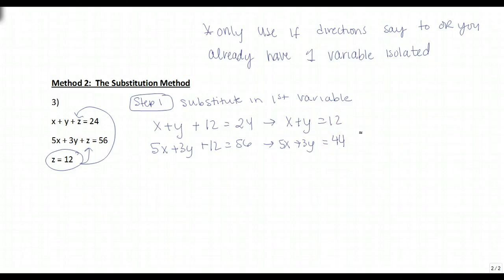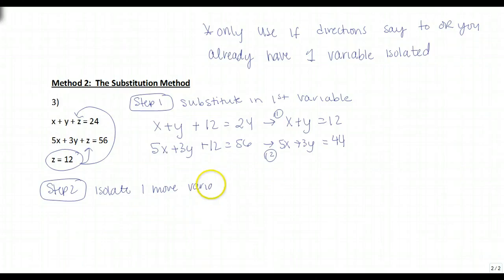So from here, you guys should know exactly what to do. We've done substitution for two variables before, so we're going to move to step 2. Isolate one more variable. I'm going to choose this first equation, x plus y equals 12, because it's easy for me to get y alone. y equals negative x plus 12.